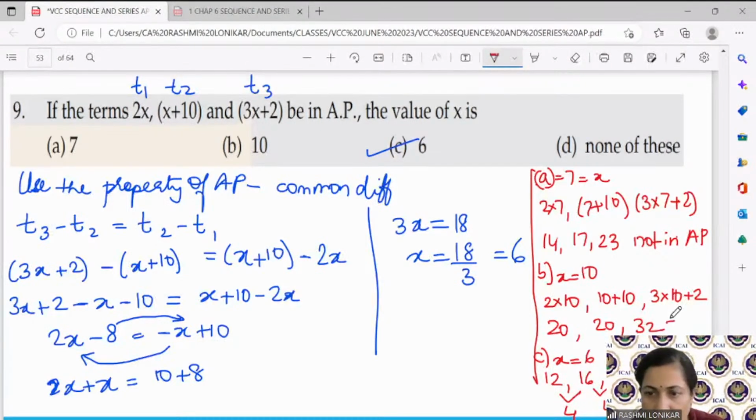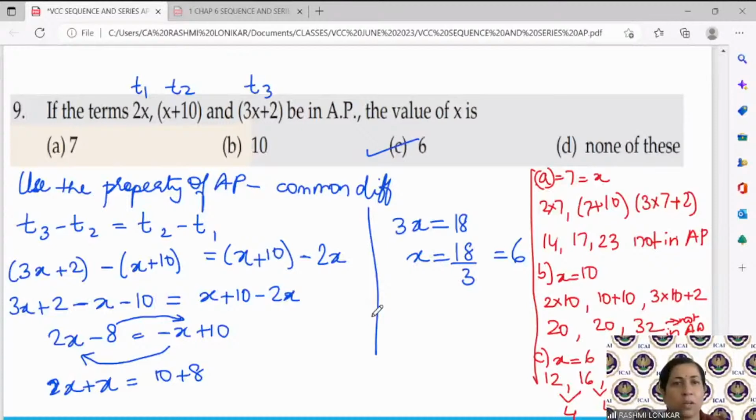So I have shown you both the methods. This is also very easy. For the ninth sum, you can do it by the property method, or you can put the value of x as 7, 10 and 6 and find out. A and B were not in AP, C is in AP. So C will be the correct answer.